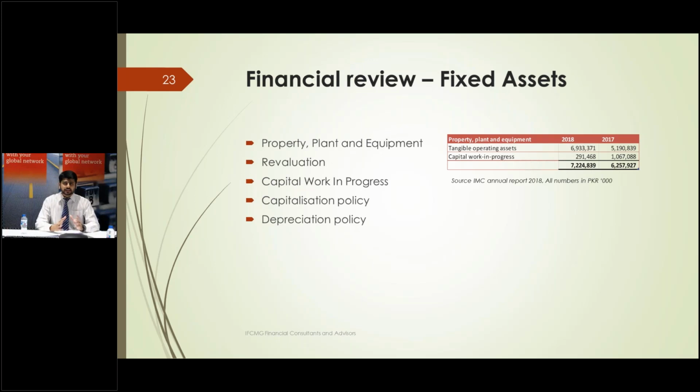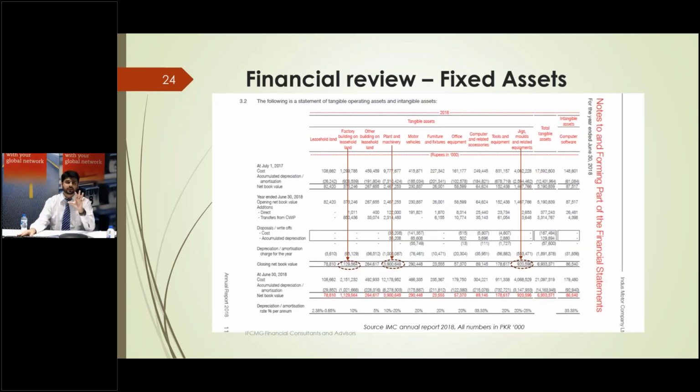For example, in the case of a manufacturing company, a major chunk, I have the fixed asset schedule here of the Indus Motor Company. So you can see that out of tangible fixed assets of around 7 billion, we have 1.1 billion on factory building on leasehold land, 4 billion on plant and machinery, another approximately 1 billion on jigs, molds, and other related equipment.